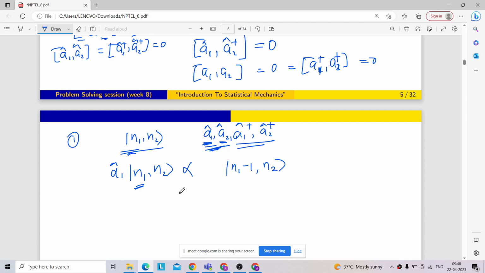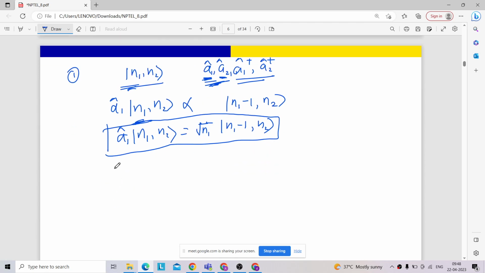You know the eigenvalue also depends on the number of particles in that system, so it will be root of N1, and the state becomes N1 minus 1, N2, when this annihilation operator acts on this Fock state. Similarly, if A2 operates on this Fock state, N1 will be unharmed, and N2 will change by one particle.